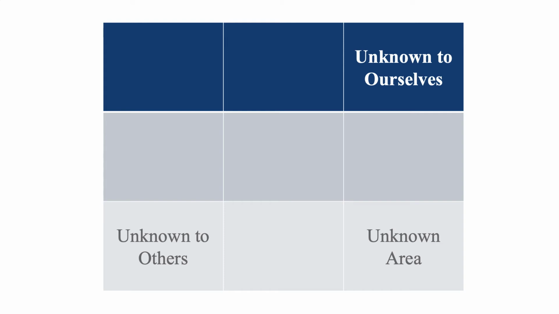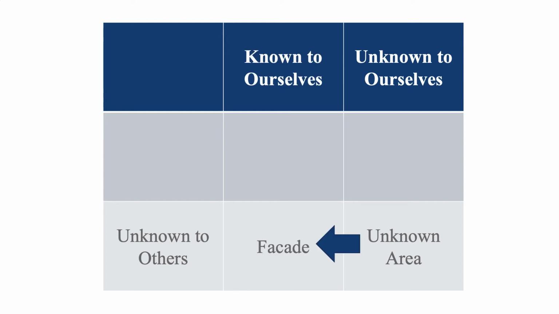The one way to deal with this is to look for opportunities for self-discovery. In other words, to look for opportunities to bring some of these areas into the part of the Johari window that's the facade, where we at least know it about ourselves.